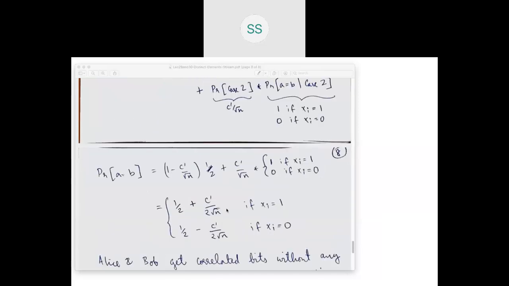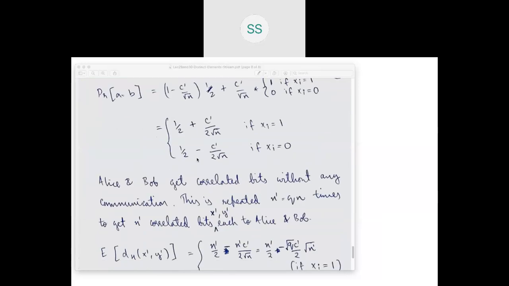And therefore we get this. And this is the essential part. So the probability that A equal to B is half plus c prime divided by 2 square root n if xi equal to 1, and half minus c prime divided by 2 square root n if xi equal to 0. So the correlation has happened here. If xi equal to 1, there is positive correlation. If xi equal to 0, there is negative correlation.